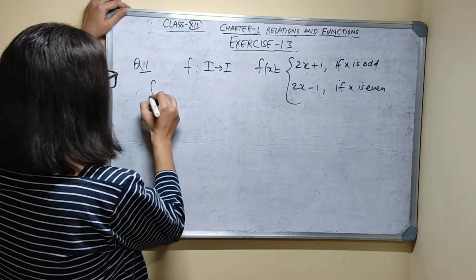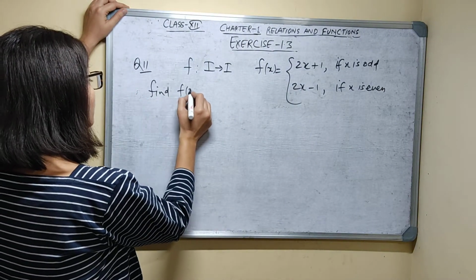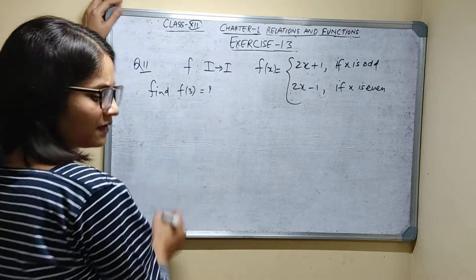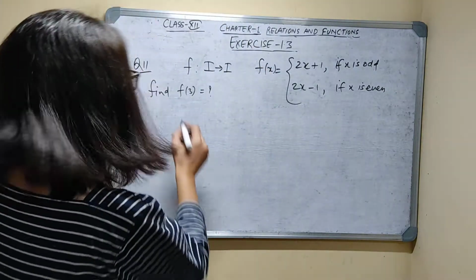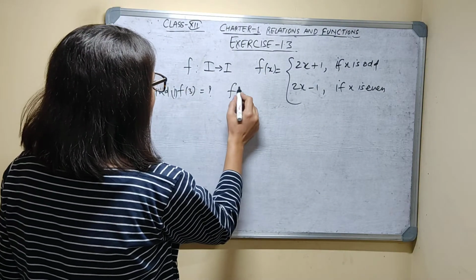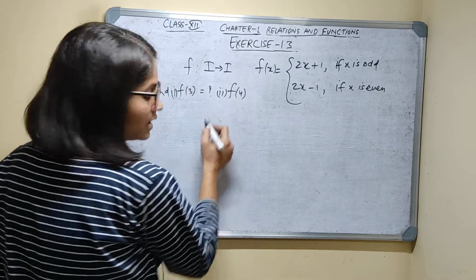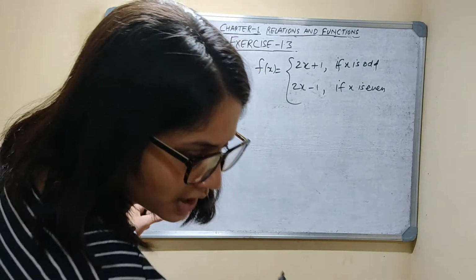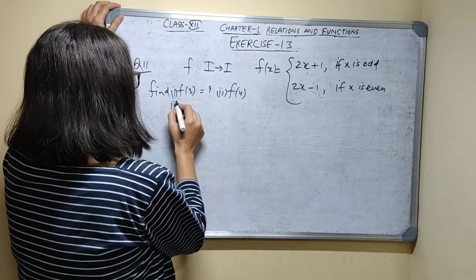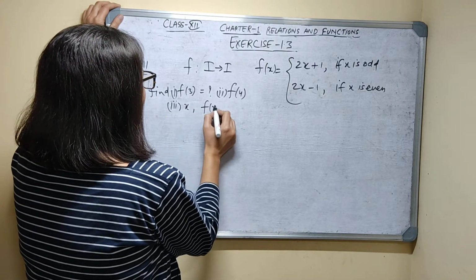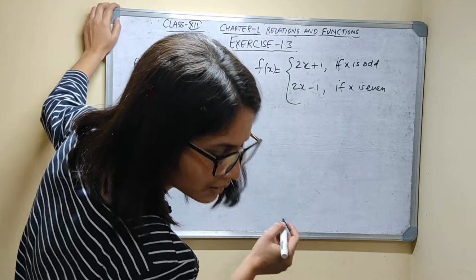Find f of 3 as the first part, then f of 4 as the second part, and third, find the value of x if f of x is equal to minus 3.